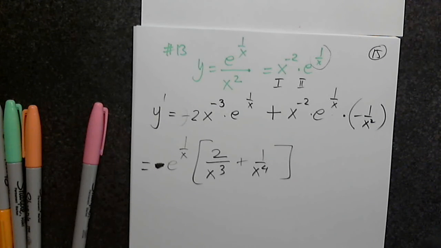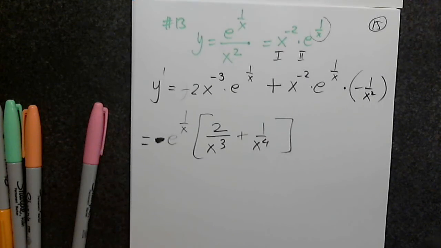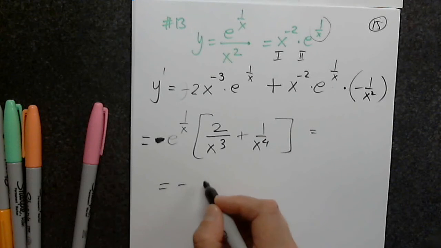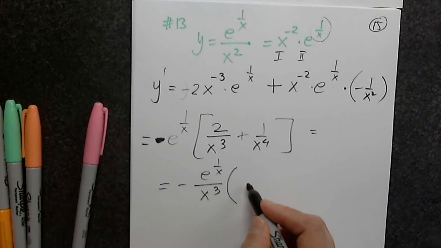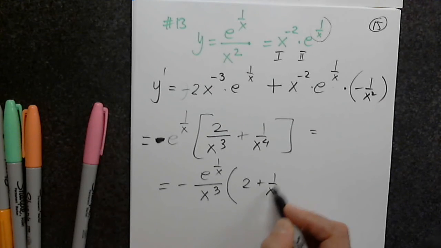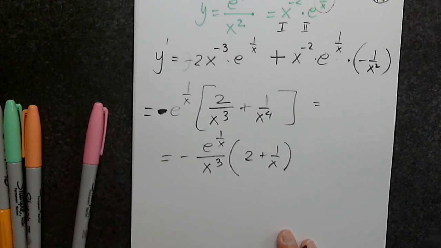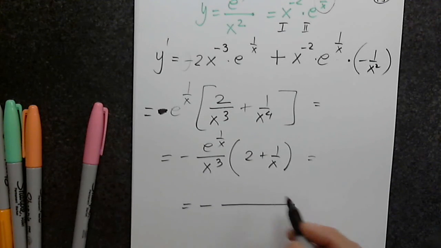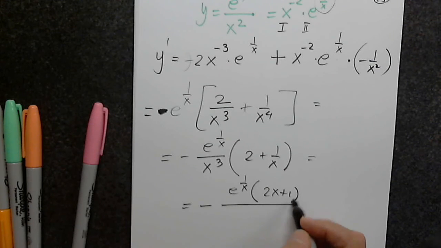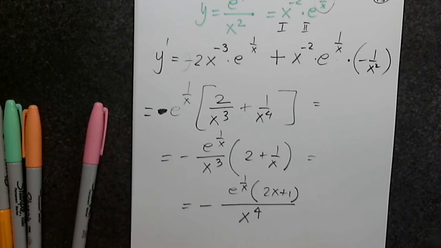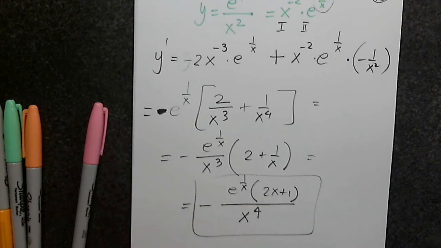And yes, I will factor out 1 over x cubed as well. So negative e to 1 over x over x cubed. And in parentheses, I have 2 plus 1 over x. And I will write 2x plus 1. So negative e to 1 over x, 2x plus 1 over x to the 4th. This is what I would recommend.